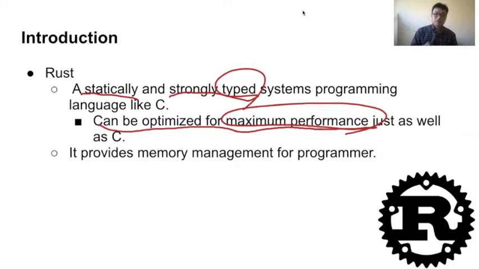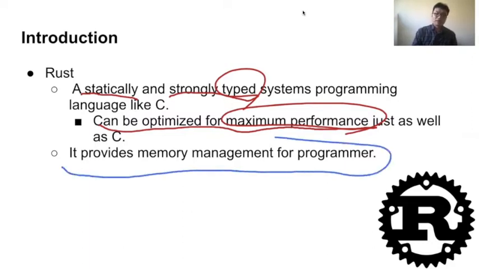Also, a benefit of Rust is that it provides memory management for the programmer. In C, a lot of you might feel it's really painful to manage pointers.